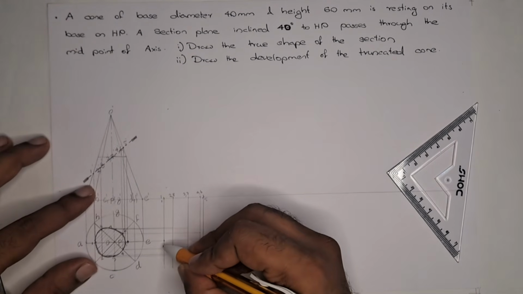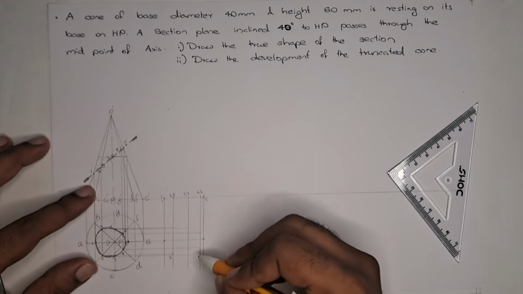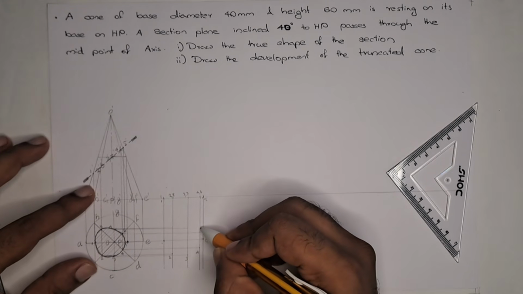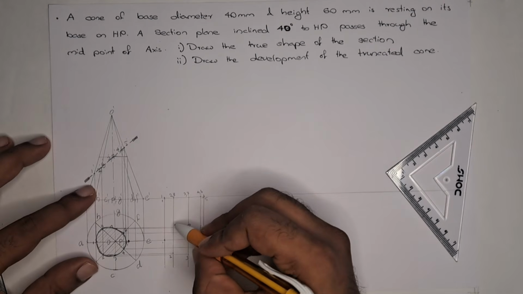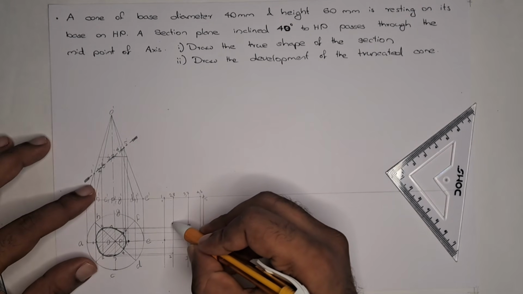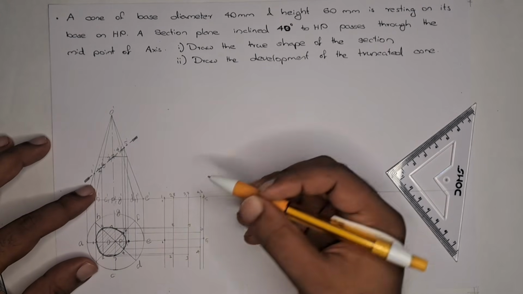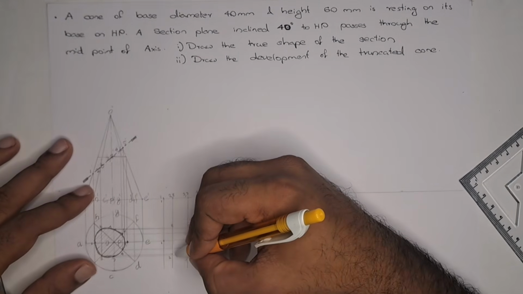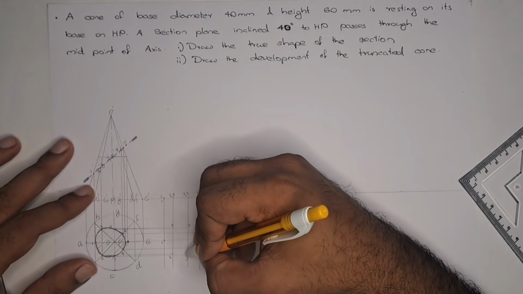So 2, 1, 2, 3, 4, 5, 6, 7, 8, and 1. Now we need to close these points.